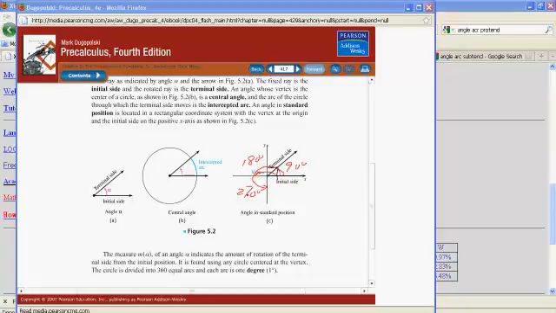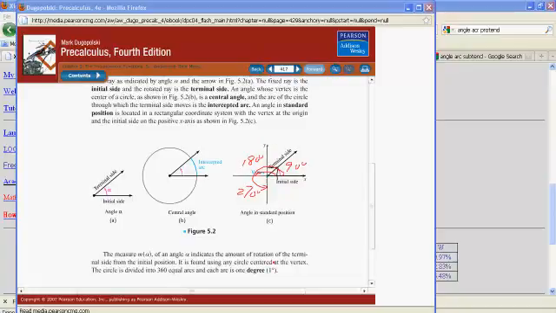If you have 270 degrees, then the terminal side is on the negative y-axis, right? So generally, when we identify the degree measure of an angle with the angle, we just say the 90 degree angle, also the 180 degree angle.